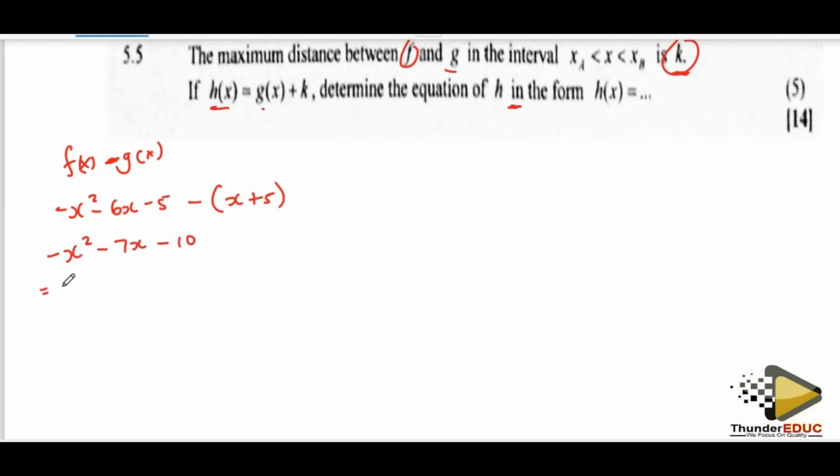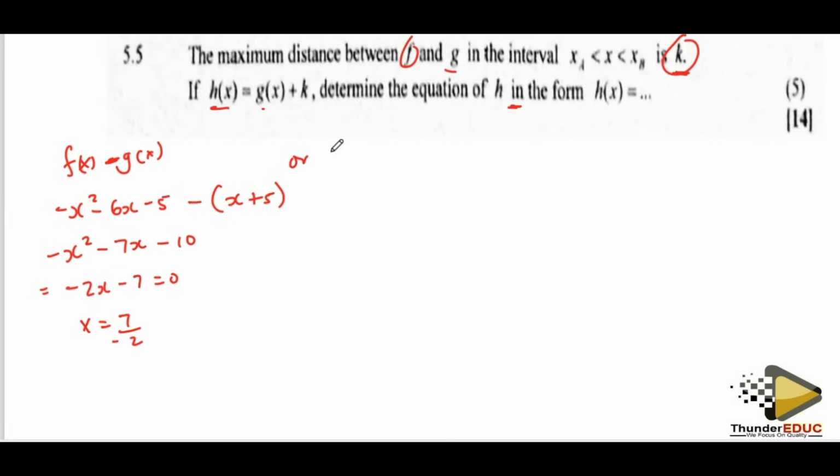I can find the first derivative, or I can even use the axis of symmetry. Whichever one is simpler. If I use the first derivative, it's going to be -2x minus 7, and then I'll equate it to 0 and solve for x. So my x is going to be 7 over negative 2.